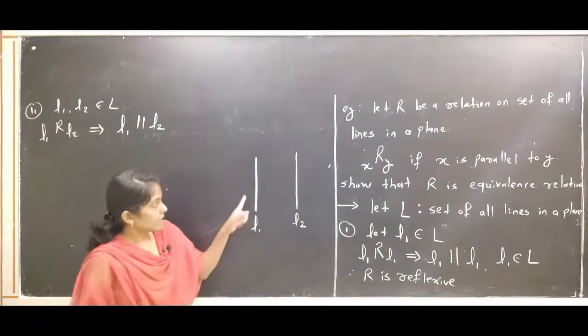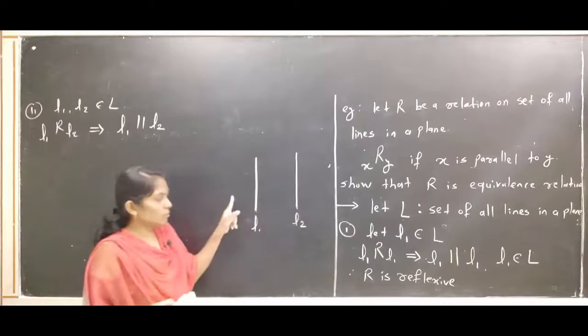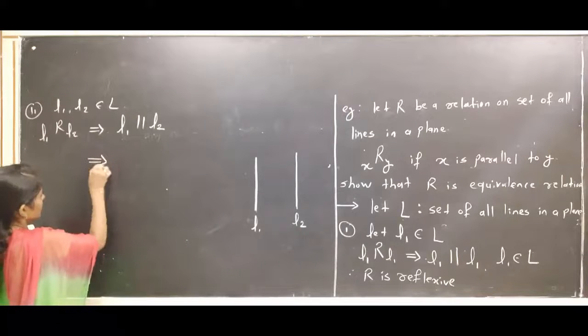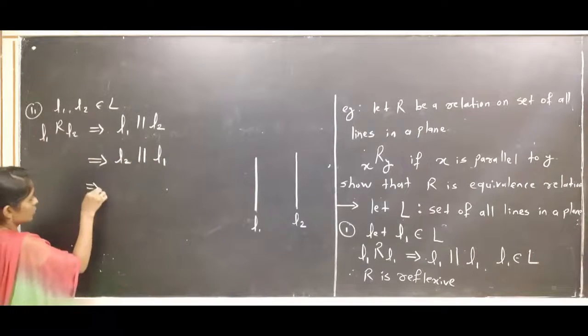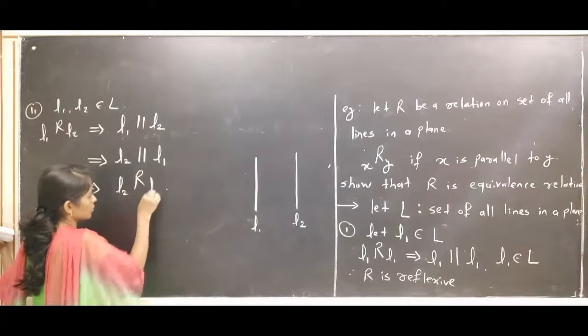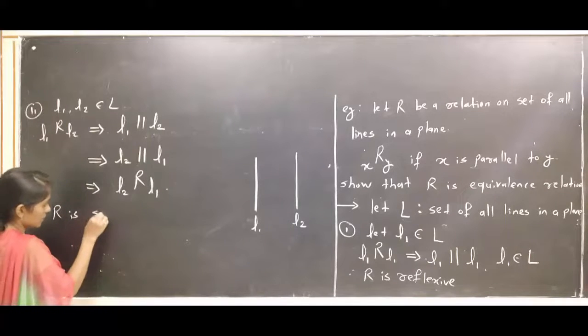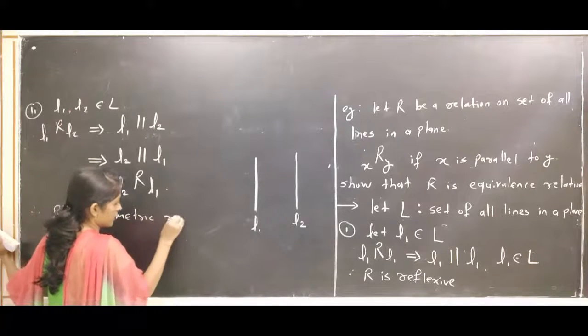L1 is parallel to L2, so from this figure, L2 is again parallel to L1. That means this implies that L2 is related to L1. Okay. Therefore, R is a symmetric relation.